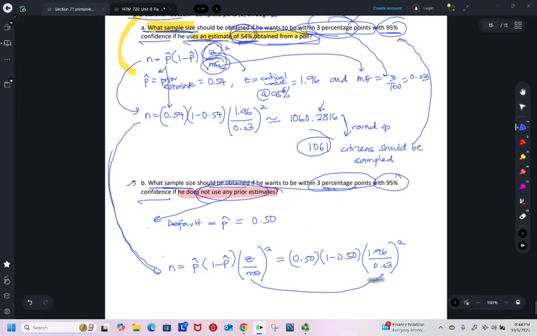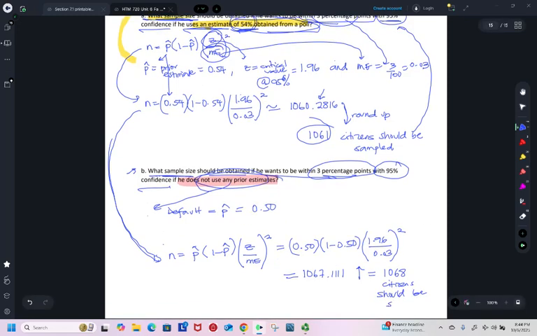That would be equal to approximately 1067.111, rounded up. That would be 1068 citizens should be sampled. All right, that brings us to the end of that topic.